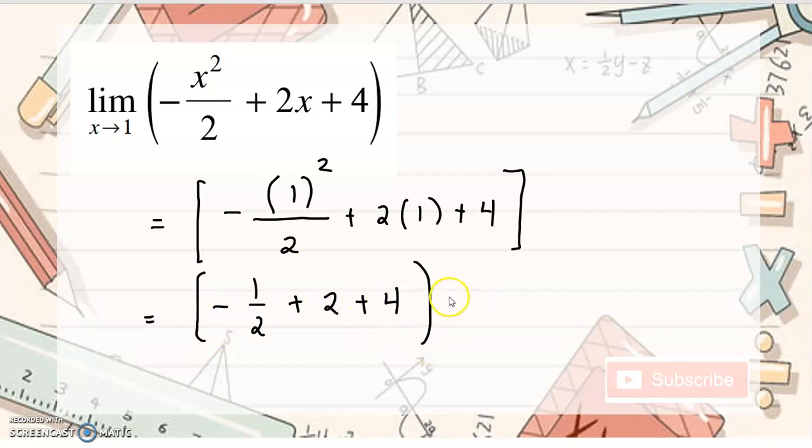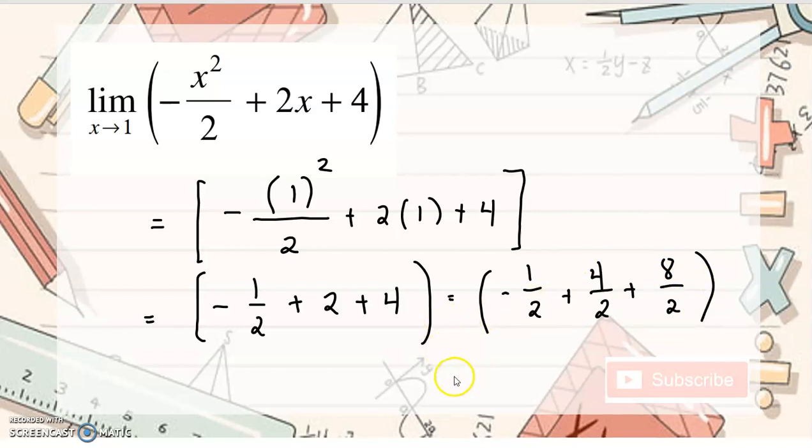So let us simplify this one. So instead of using negative 1 half plus 2 plus 4, let's get the LCD of each. So this would be equal to negative 1 half plus 4 over 2, just to have the same denominator here. 4 over 2 is just 2 also, plus 8 over 2.